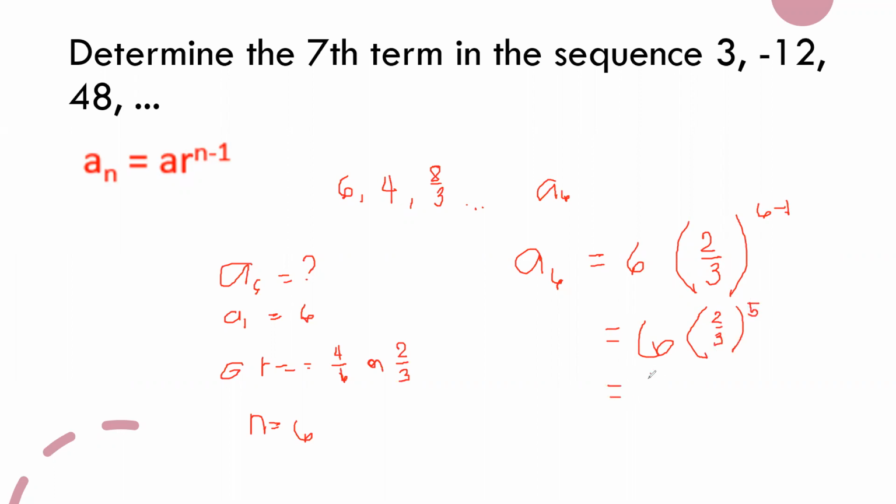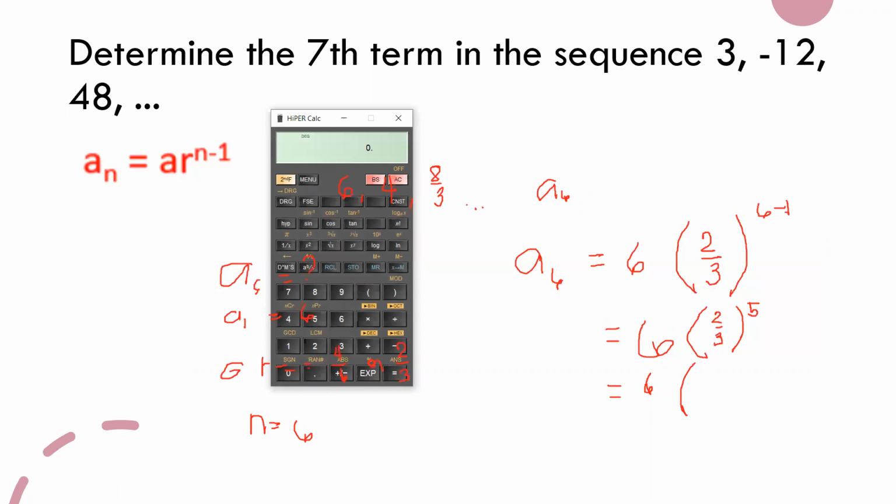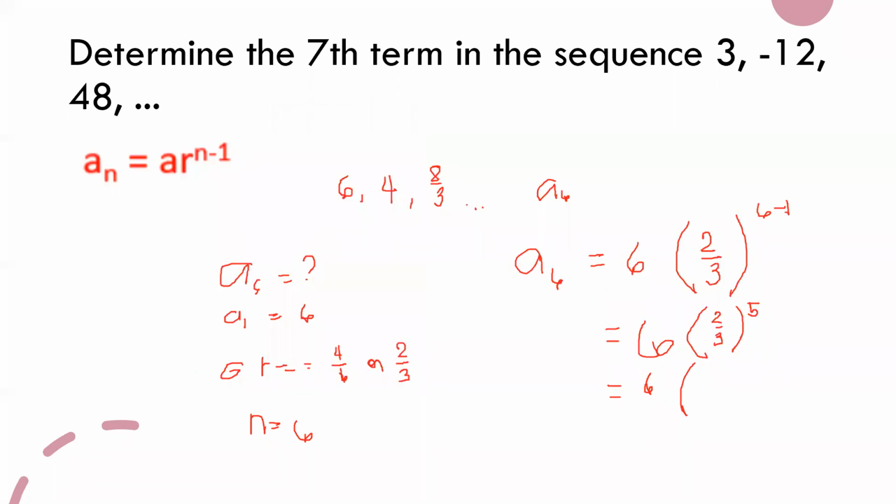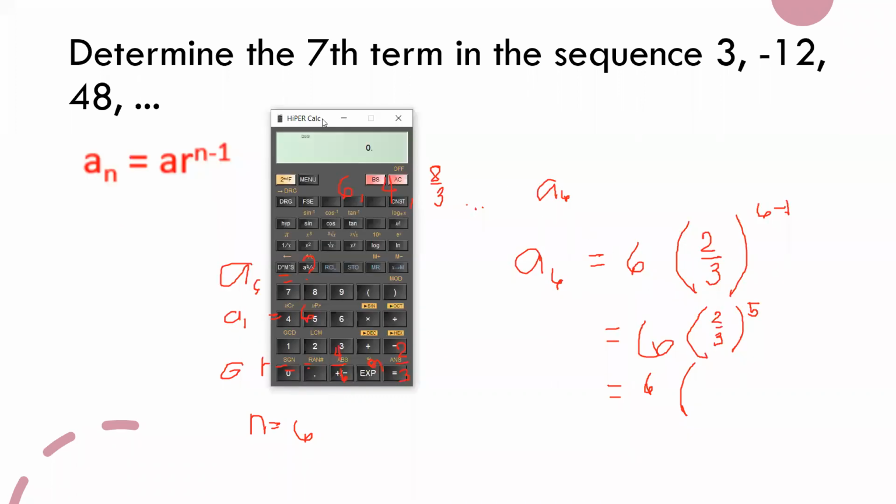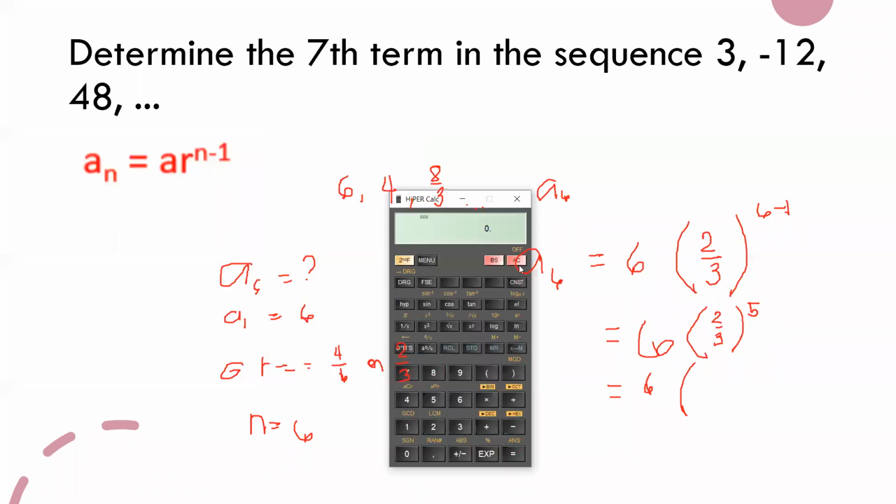So let's try this as 6 times, what is 2 raised to 5? 2 raised to 5, 2 times 2 times 2 times 2 times 2 ay 32. I think so. Check na natin. 2 raised to 5 equals 32.